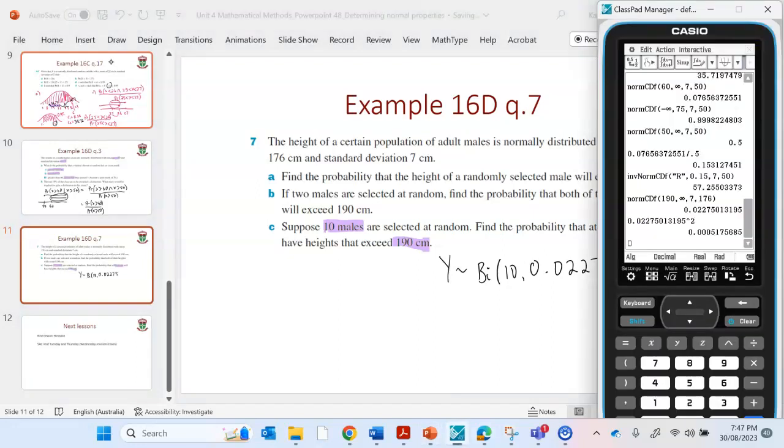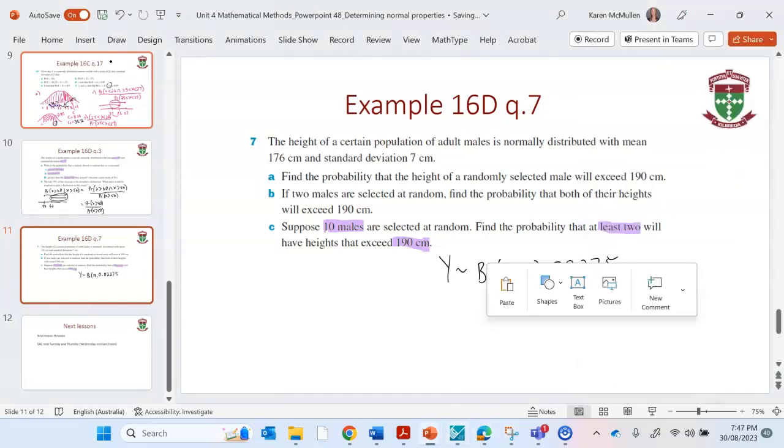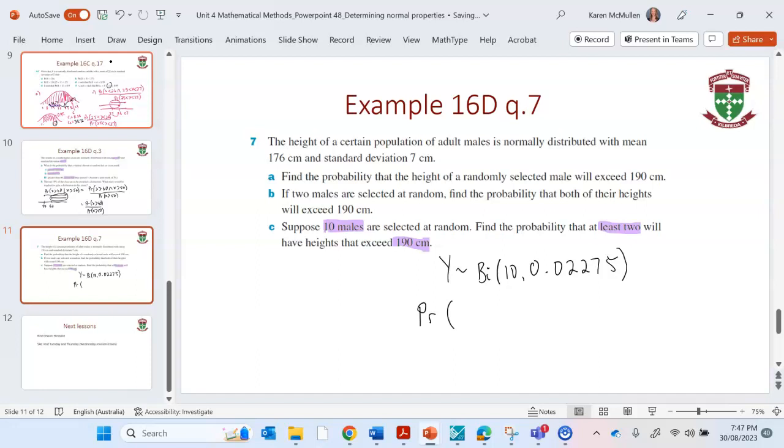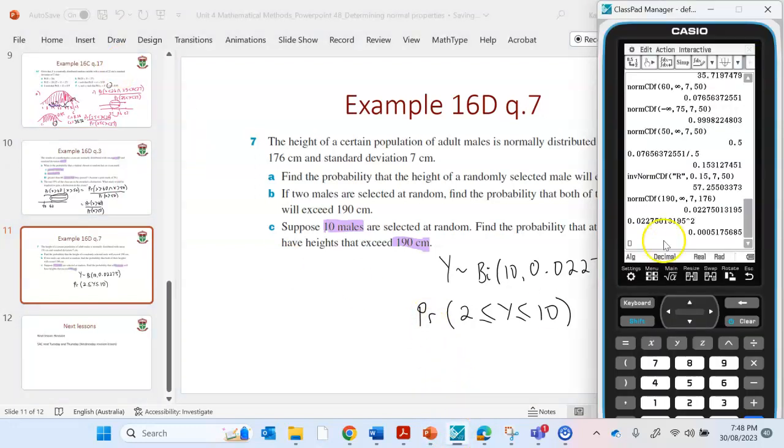All right, just double check that I wrote that correct. I'll be using the value from the calculator anyway. All right, so we want to have that between at least 2, and because it's now binomial, it's discrete, we have to be exact. So at least 2, and the maximum can be 10, all right, because we've only got 10 males. All right, can't be done other than on the calculator, so let's go to binomial.